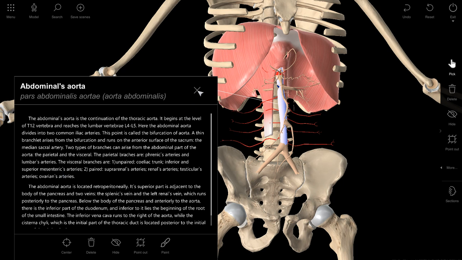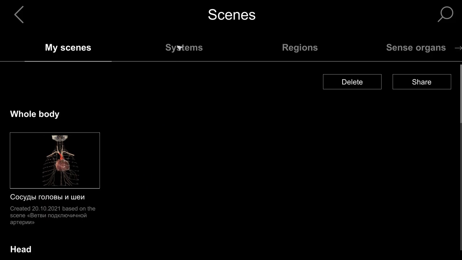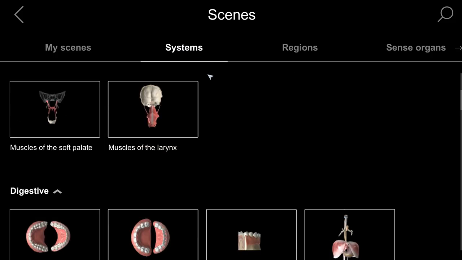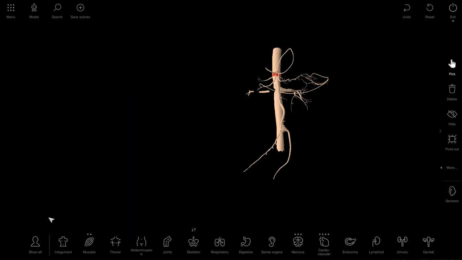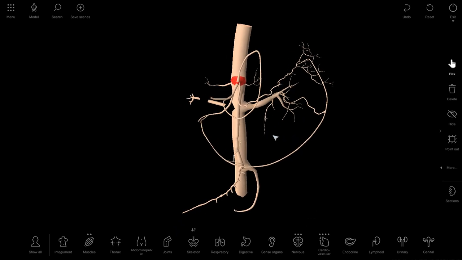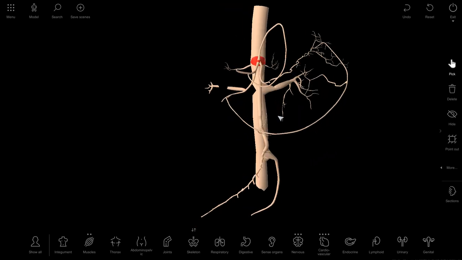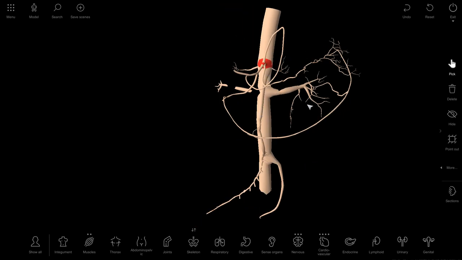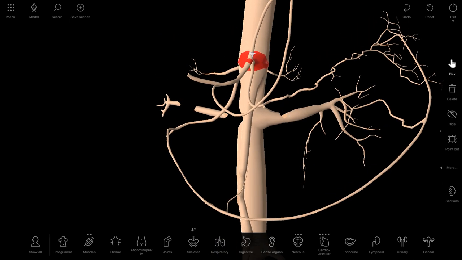Let's find the structures. So I again use scenes. Again, use this example, this scene, and I already have colorized the celiac trunk.